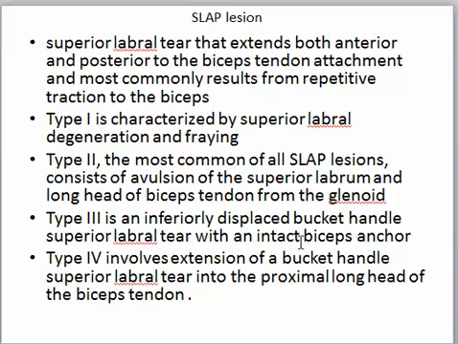This is a bucket handle tear. If displaced and involving the long head of biceps attachment, this is number 4. 1 and 2 without displacement, 3 and 4 with displacement and bucket handle. 1 is labrum and 2 is labrum plus tendon. 3 is labrum and 4 is labrum plus tendon.